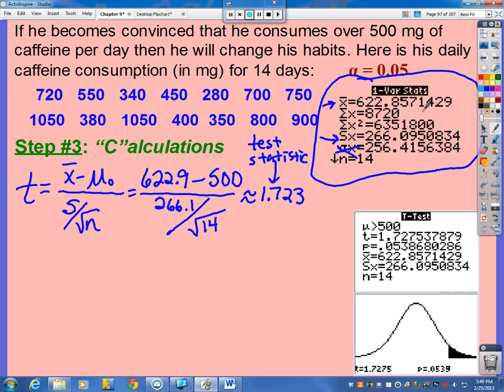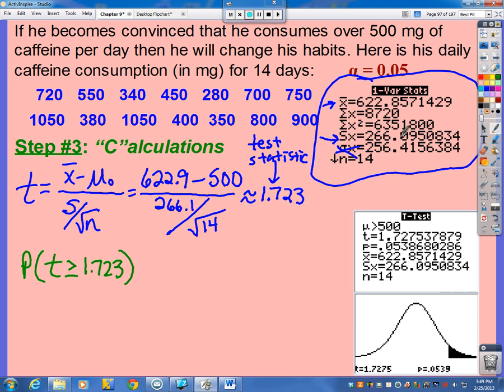So now, from my test statistic, I need to calculate the p-value. So we need to find what is the probability that we obtain a t-score that is as extreme or more extreme than our 1.723. And again, the reason why I'm saying greater than is because my alternate hypothesis was greater than 500 milligrams.